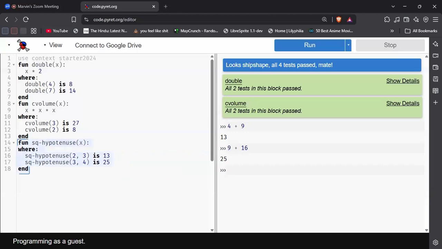Okay, now let's work on the function body. So how many things should this function take in? How many parameters? 2. 2, right? Okay. Nice.